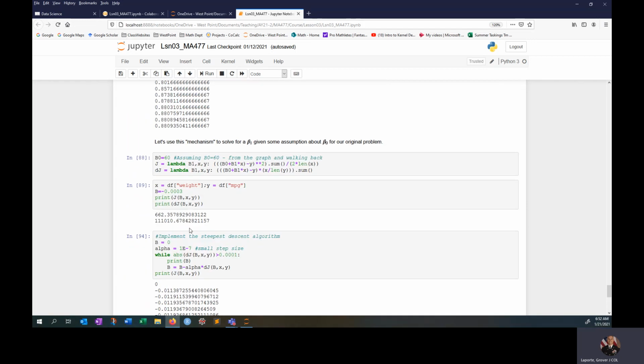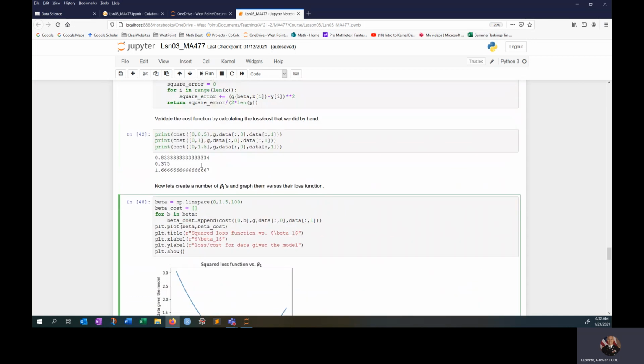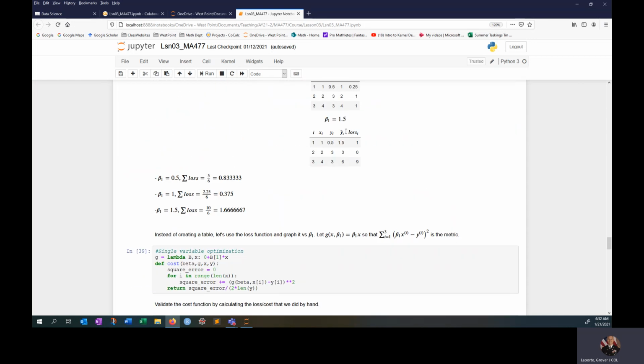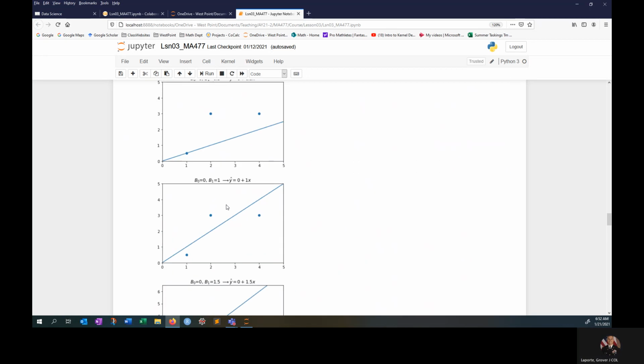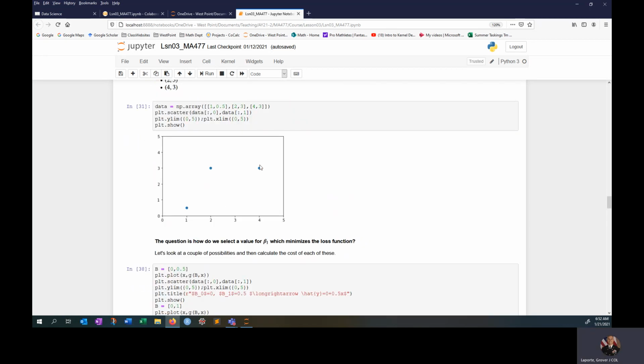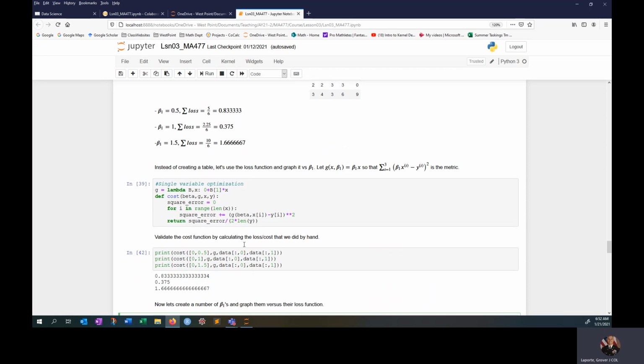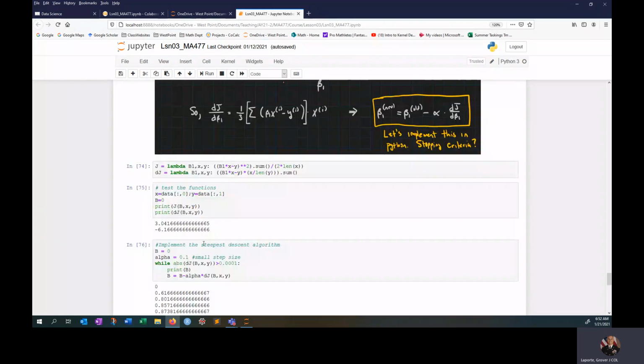Oh, I didn't graph it. Well, I tell you what, we'll graph this tomorrow just to show you on these 3 little points here. With beta 0 equal to 0 and beta 1 equal to 0.88 something, that's the best line. Well, I don't know if we need to graph that, but we can.